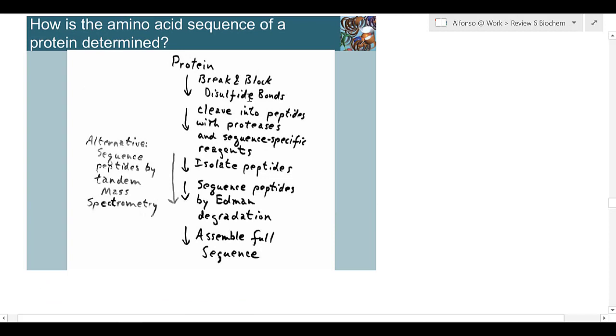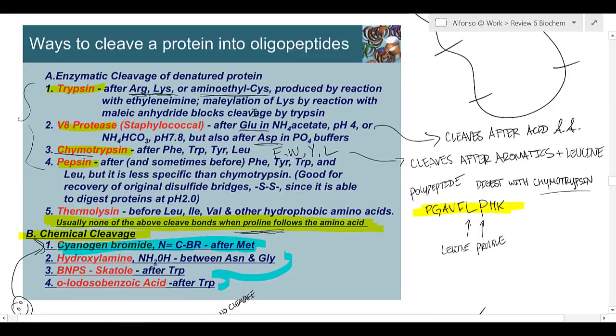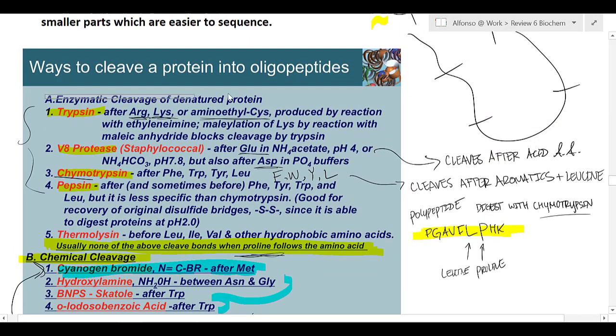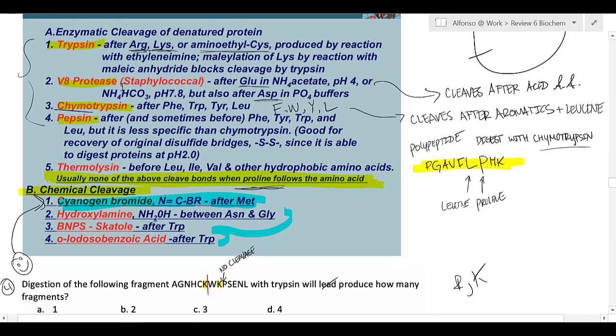Okay, and after you've broken those disulfide bonds, how can you cleave that polypeptide chain into smaller polypeptides? Trypsin, chymotrypsin. So what type of cleavage is that when you use enzymes? Yeah, it's enzymatic cleavage. Okay, so you can also chemically cleave it, and you would be using these reagents right here.